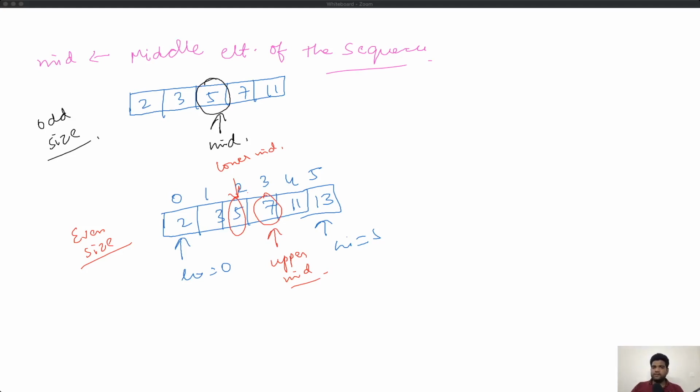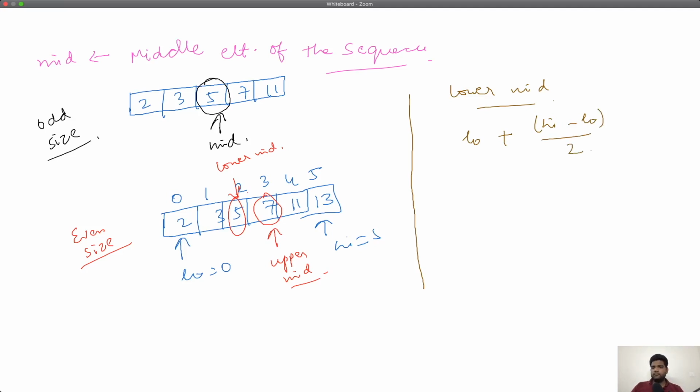There are various ways you can write these two formulas, but the way I like to write it is: lower mid is low plus (high minus low) by 2, and your upper mid is low plus (high minus low plus 1) by 2.